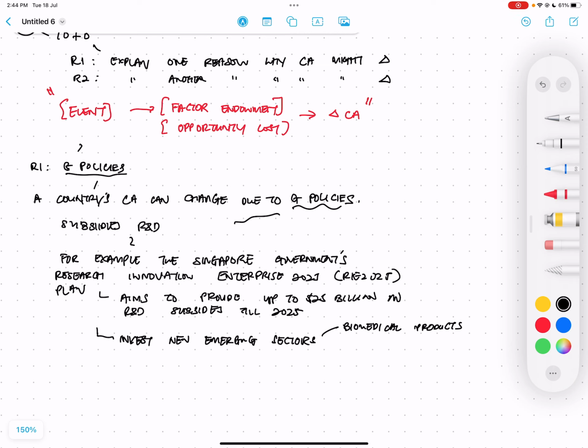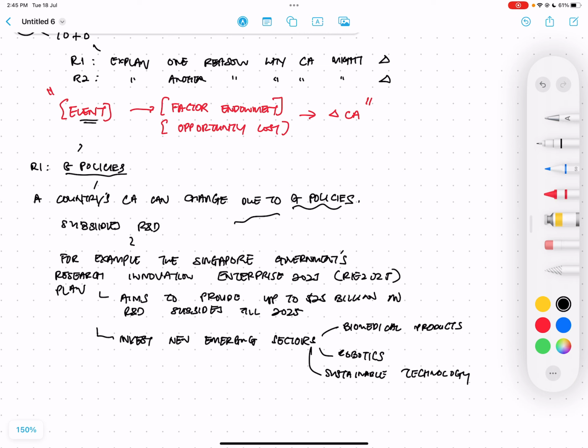Those will really help to create very good jobs. Biomedical products are one, so maybe robotics is another. And maybe this is quite big in Singapore, so we're trying to really get a push for sustainable technology. Okay, so this is the description of the event.